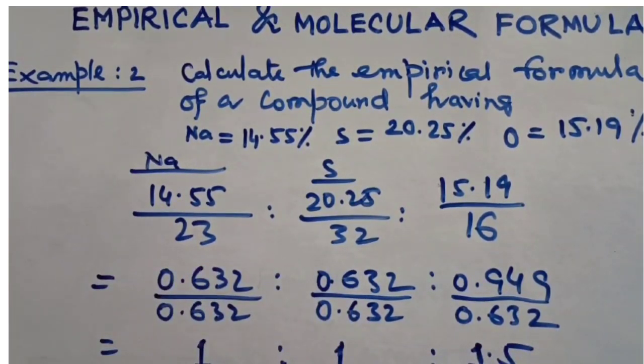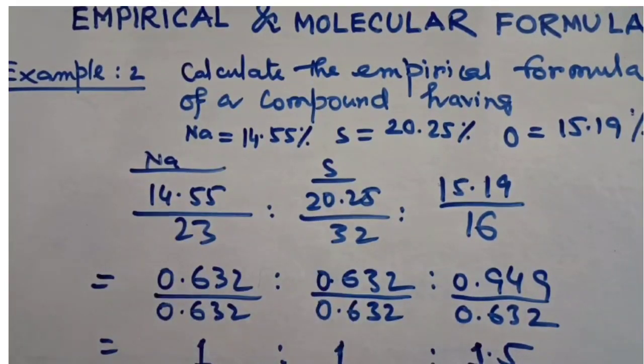In that case we have to multiply these numbers with such a number that we can get a whole number in the next step. As we can see, by multiplying 1.5 into 2 we get 3.